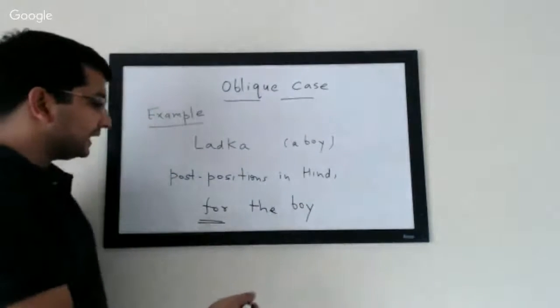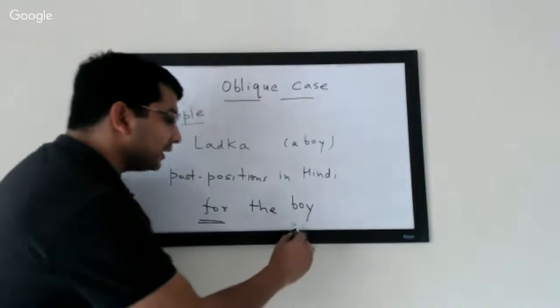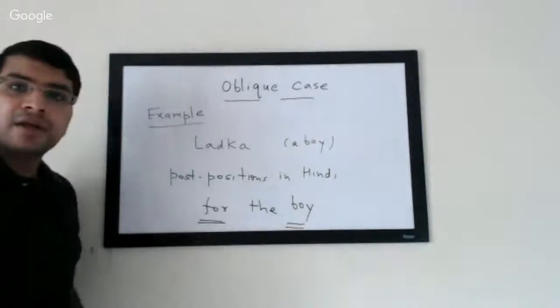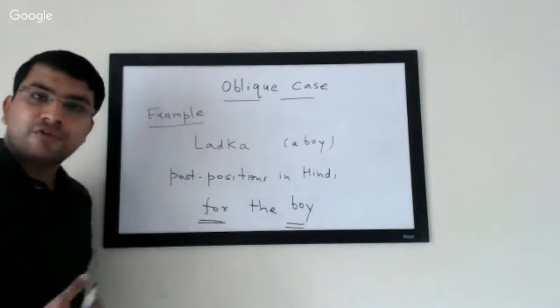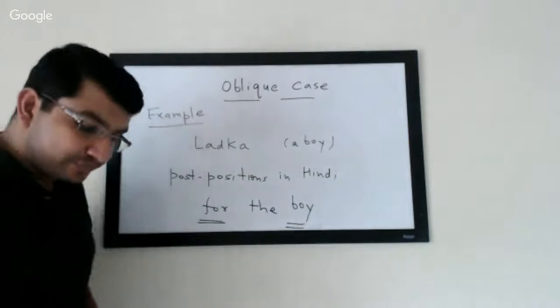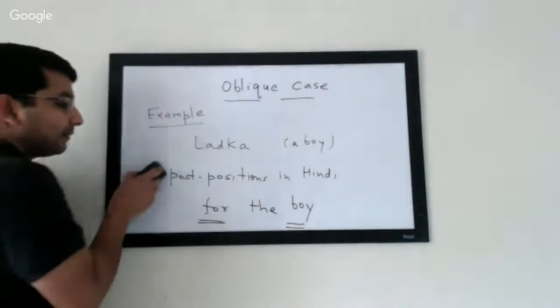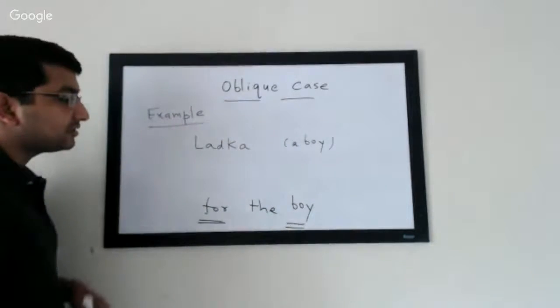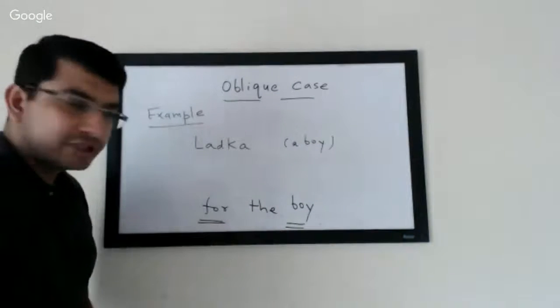In the parallel, in Hindi, you have a postposition. In English, the boy still remains the boy, even though you're using for, a preposition. But in Hindi, it changes, right? So whenever you're using a postposition, because it's coming after the noun, it's called a postposition in this case.